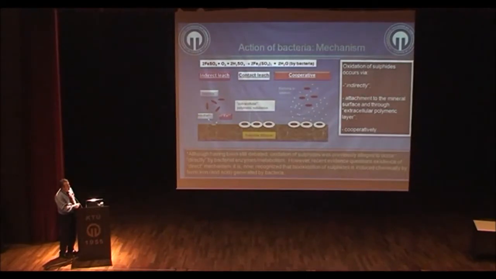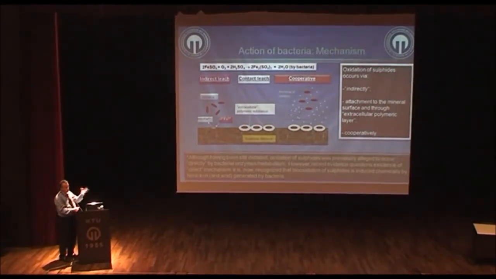So, oxidation of sulfides occurs indirectly by attachment to the surface through the extracellular polymeric layer, or cooperatively, both in the bulk of the solution and on the surface of sulfide minerals.